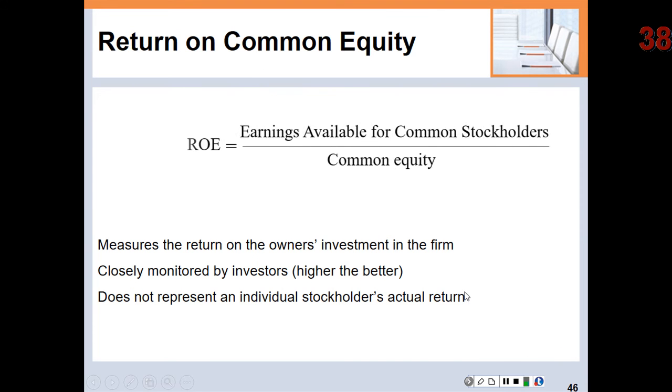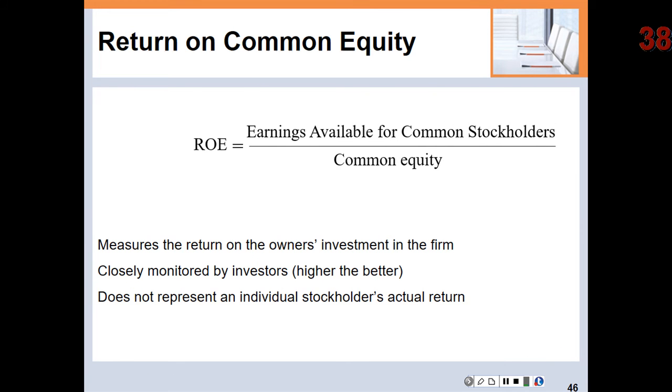And the next one is ROE, return on equity or return on common equity. This is earnings available for common stockholders divided by common stock equity.